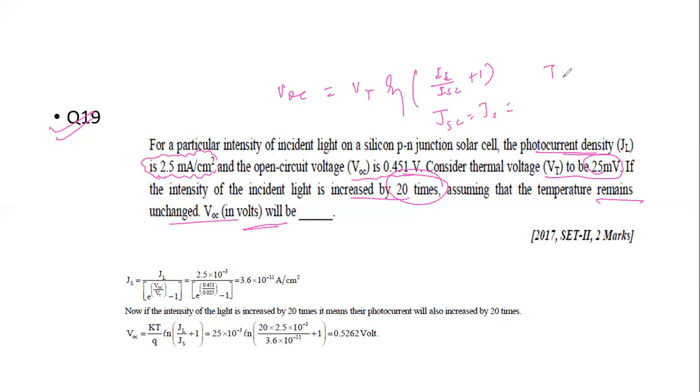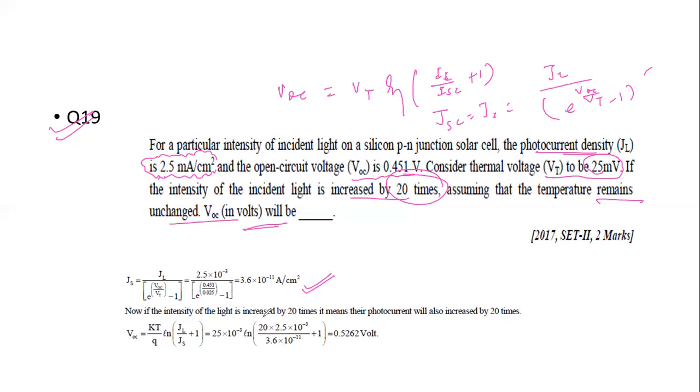This is JL upon e raised to power VOC by VT minus 1, and this is equal to 3.6 into 10 to the power minus 11 ampere per centimeter square.